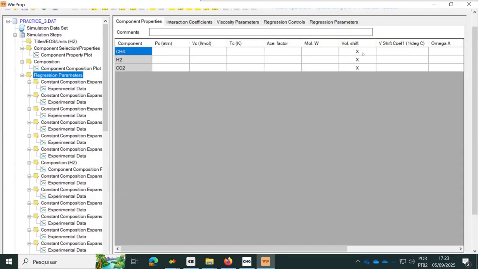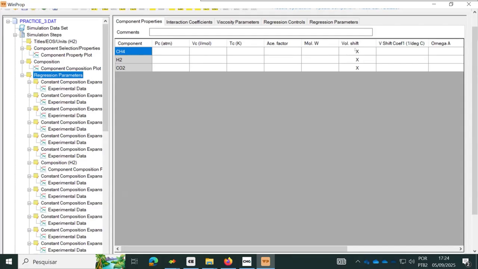Take a look here. I'm using only the volume shift to match the data. Only the volume shift. Why? Because those components are pure components. And remember, for pure components, don't regress on the parameters. We discussed it. Don't change the properties for pure components.